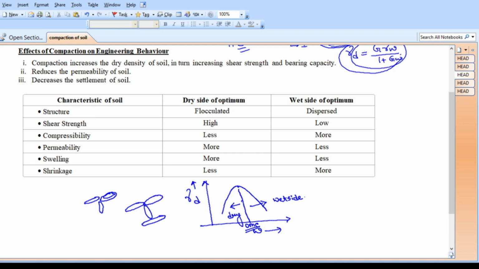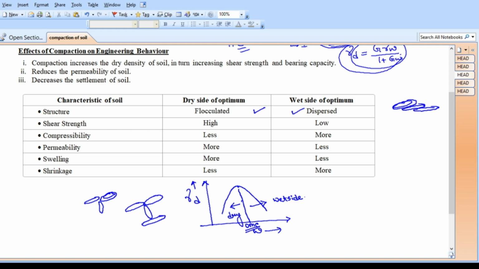And on the wet side, the orientation is dispersed. Dispersed structures have parallel orientation, that means face to face orientation, like this. So this is flocculated, this is dispersed. The questions generally come from this portion: the dry side of optimum represents what structure, the wet side represents what structure.